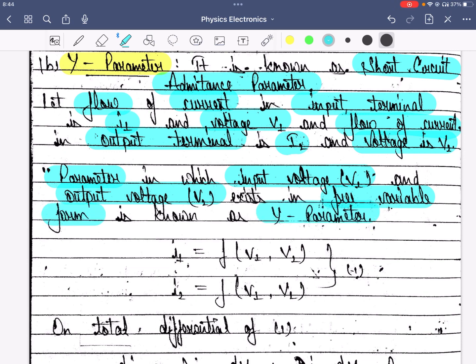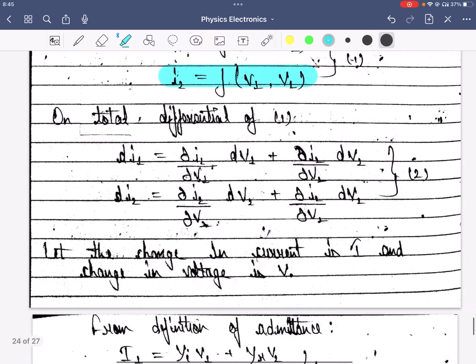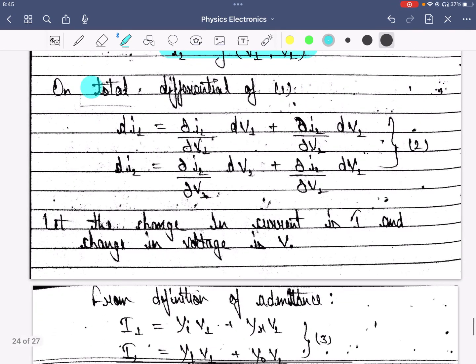That is, I1 is equals to function of V1 comma V2 and I2 is equals to function of V1 comma V2. On total differentiation of first, we get equation second.